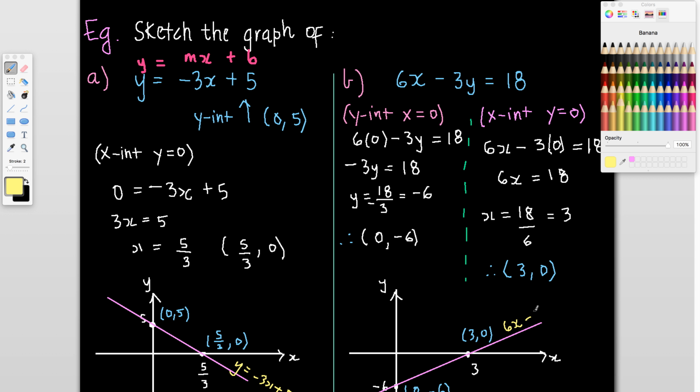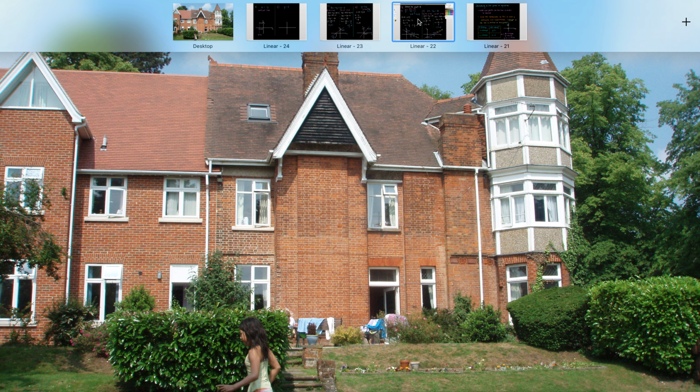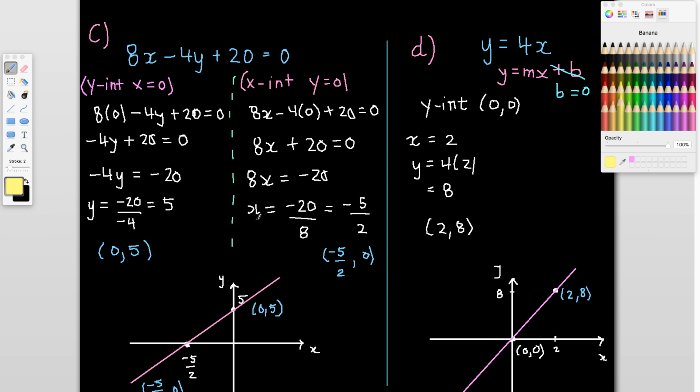So my apologies, you'll have to just go back to these examples that are in your workbook. Let's fix this up a little bit. So just quickly jot them down. I haven't left myself a whole heap of space, unfortunately. And that one's y equals 4x.